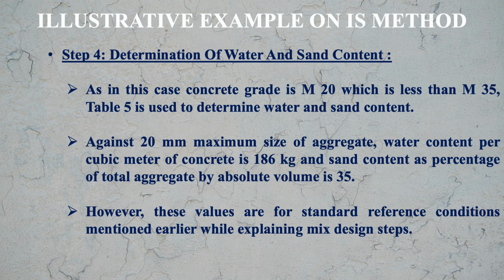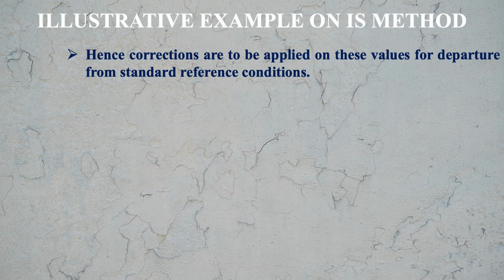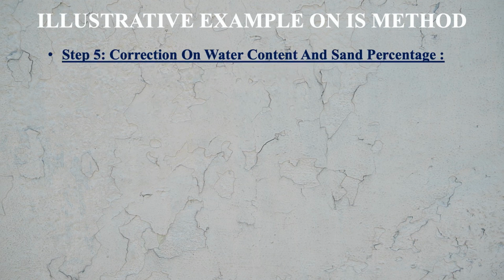However, these values are for standard reference conditions mentioned earlier while explaining the mix design steps. Hence, corrections are to be applied on these values for departure from standard reference conditions, and this is to be carried out in step 5. Step 5 is correction on water content and sand percentage.